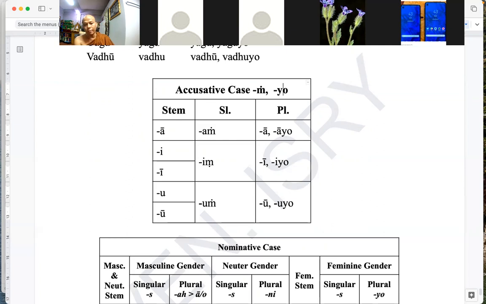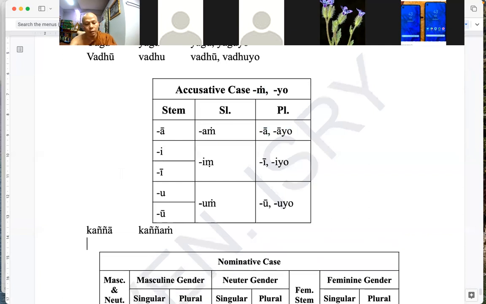Feminine gender also has am. So for kanya, to the R this am is added. Before the am, R becomes short. So we have kanyam, the first form. But plural is the same as nominative or vocative: kanya, kanya yo. Okay, I will skip that one.